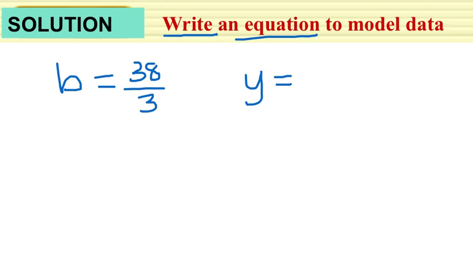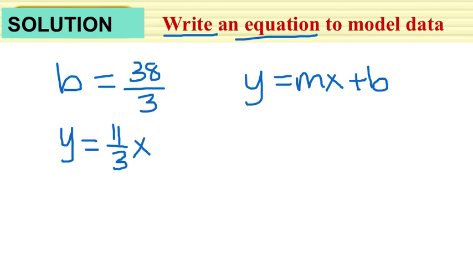So now all that we have left to do is actually write the equation. So remember, if we're writing this in slope-intercept form, y equals mx plus b, the only thing we have to do is now replace m with the slope that we found and b with the y-intercept that we found. So this final answer is y equals 11 over 3x plus 38 over 3.